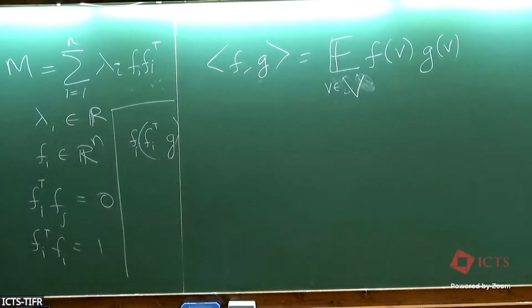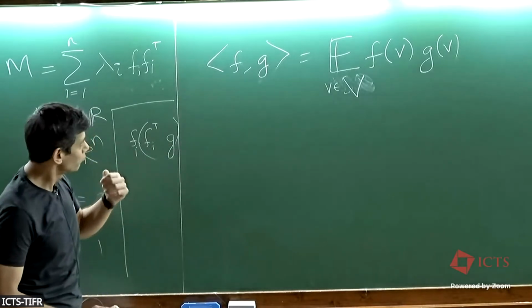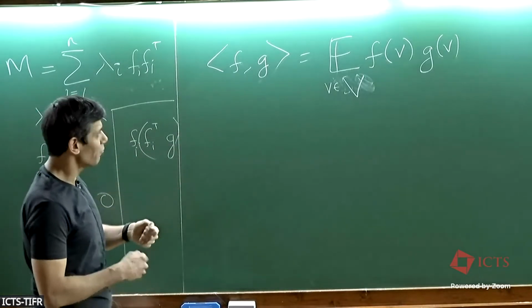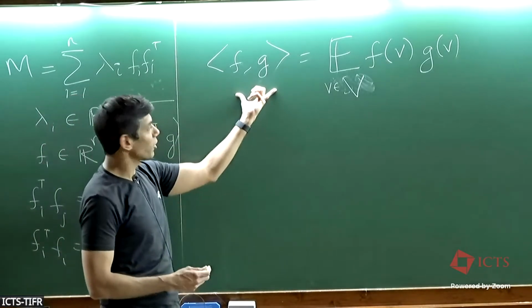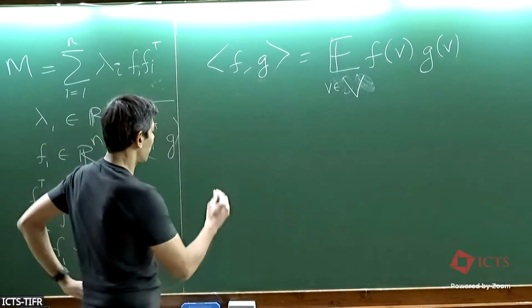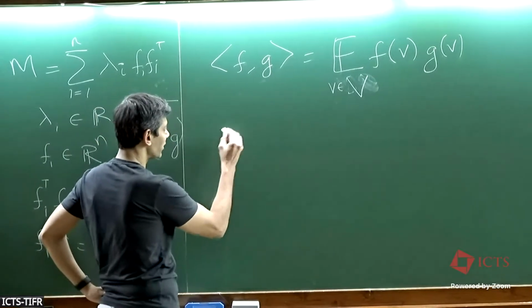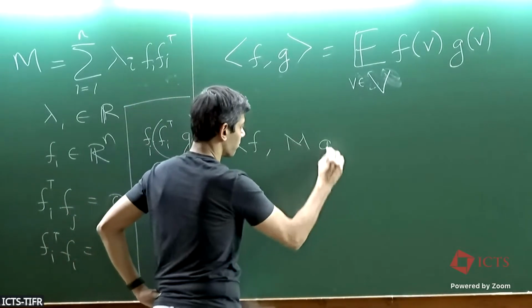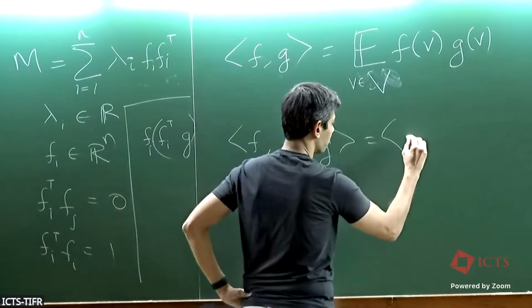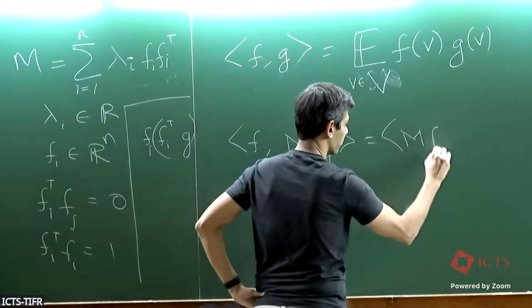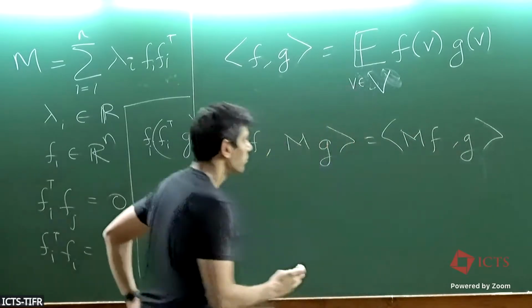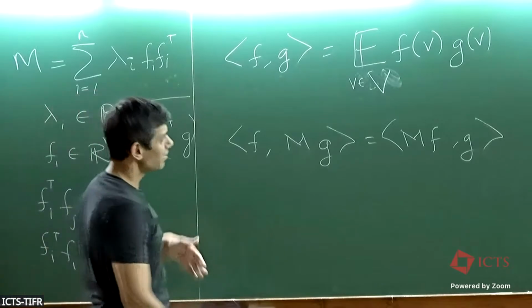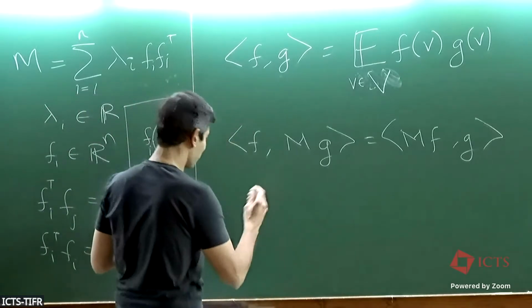Everything I said about these symmetric matrices is also true more generally, except that they have to be symmetric with respect to whatever that inner product is. And this is true for our adjacency matrix.